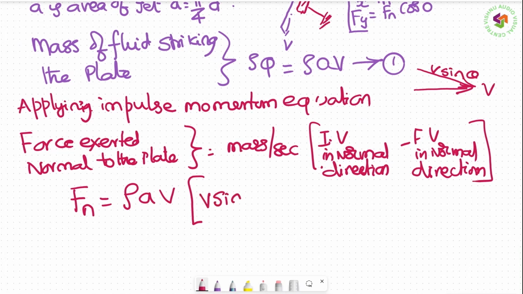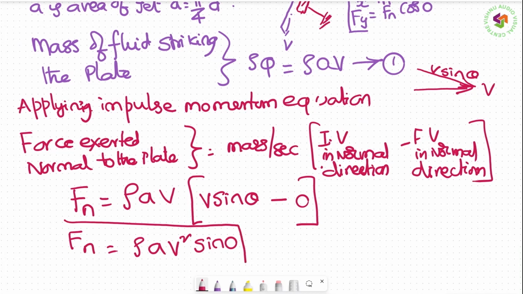The final velocity: after striking, the jet leaves tangentially, so in the normal direction there is no velocity. There is no question of any velocity component in the normal direction. So Fn is equal to rho A V into (V sin theta minus 0), so rho A V square sin theta. This is what we got.